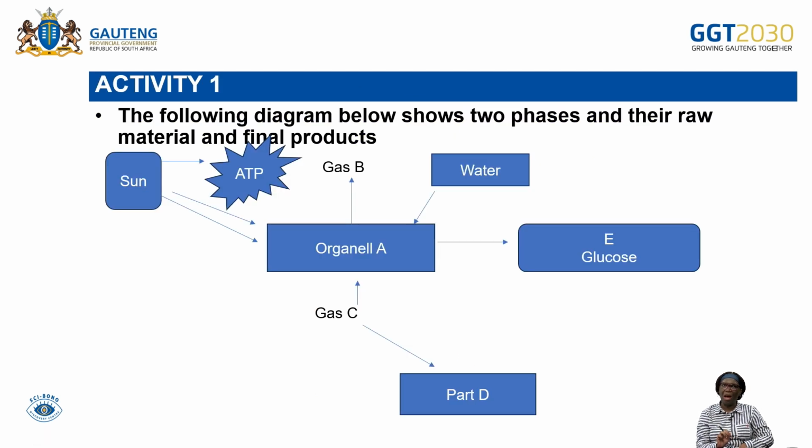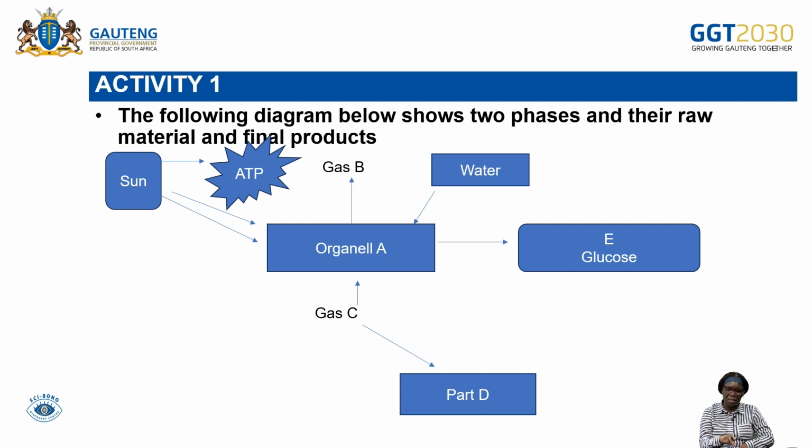Activity on the process of photosynthesis. Sun is needed where, in organelle A. What is organelle A? Organelle A is the chloroplast. And then the gas that will be absorbed in organelle A is carbon dioxide, sorry. The gas is carbon dioxide, and the gas that will be released is what?